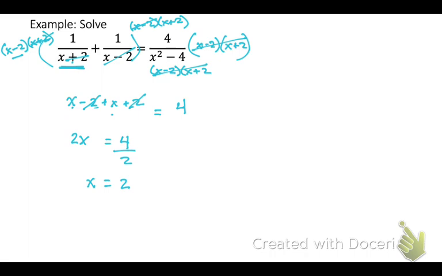What I did, after you reduce them, you have to do 1 times x minus 2, and then the 4 times x plus 2, and then it would just equal x minus 2 equals 4x plus 8. This right here reduces to x minus 2, x plus 2. And the common denominator over here would be x minus 2, x plus 2.